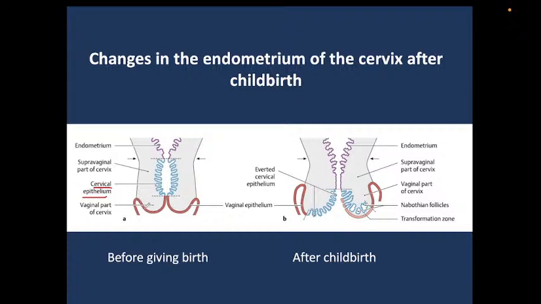But the vaginal portion of the cervix is covered by another, vaginal epithelium, and after birth, because the cervix of the uterus was opened, the cervical epithelium becomes visible by vaginal examination.